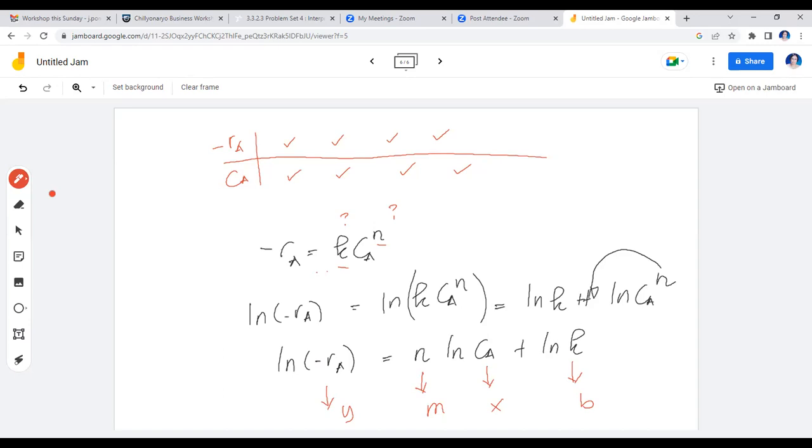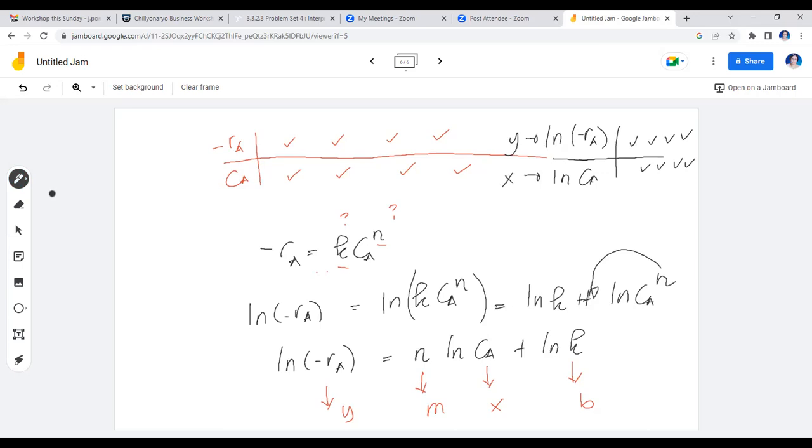So after you have done that, you get the ln of the rate, ln of the CA. So in the process, you'll also have another 4 sets of data. The ln of the rate is your Y. The ln of the CA will be your X.